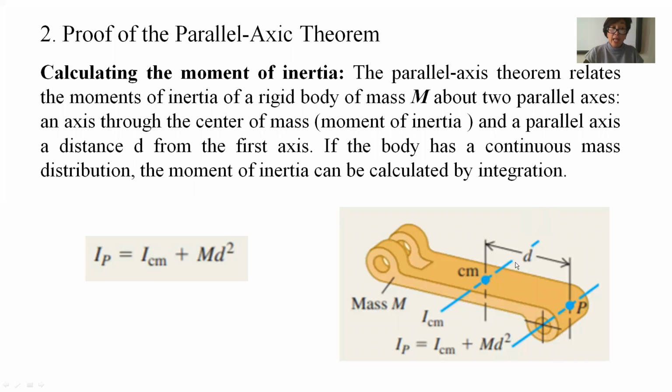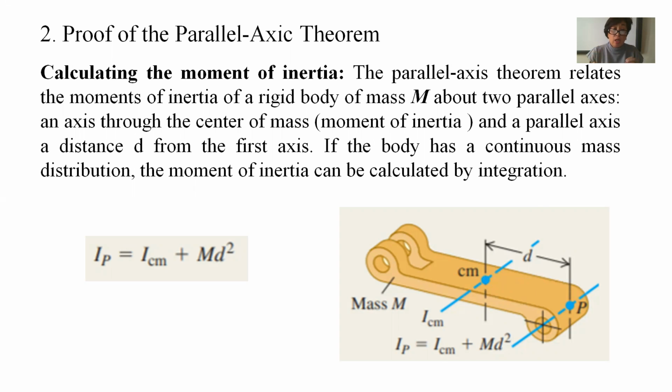The second parallel axis is at a distance d from the first axis. If the body has a continuous mass distribution, the moment of inertia can be calculated by integration.